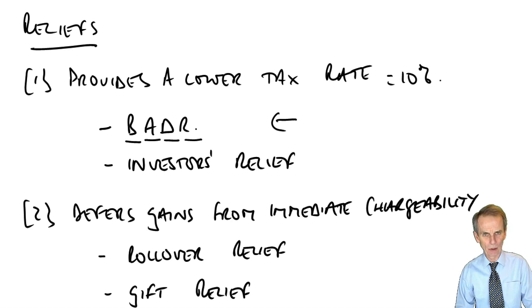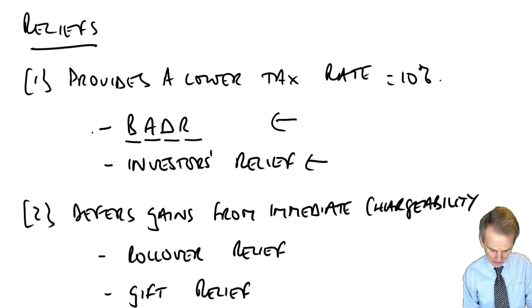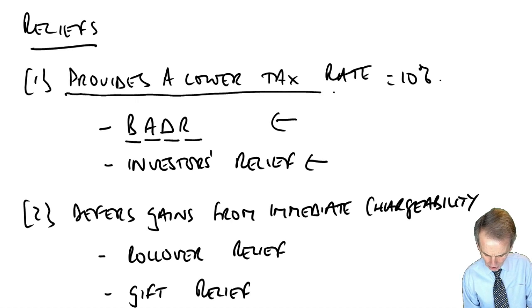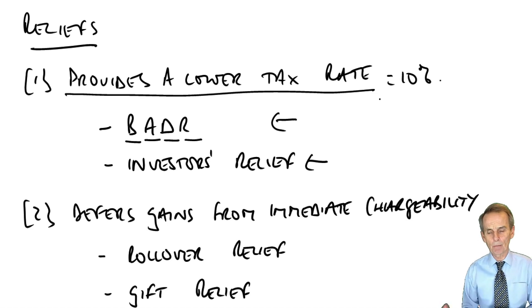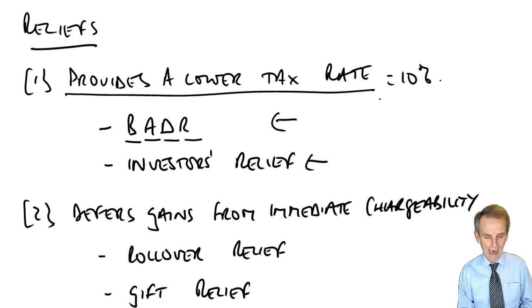Business Asset Disposal Relief. And this relief, along with another one called Investors Relief there, these are the two within the category of reliefs that provide a lower tax rate. So they're not going to impact on the amount of gain that is taxable, but what they are going to impact on is the tax rate.